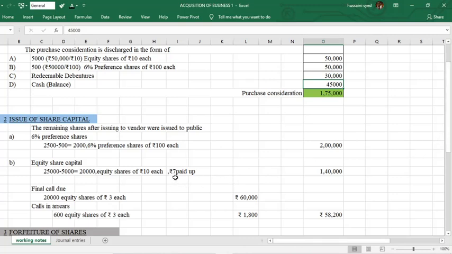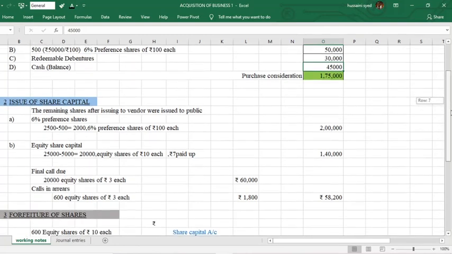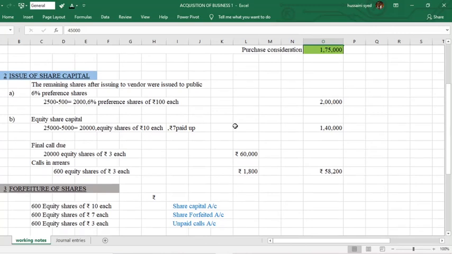As this method is going to be easy for you, I am going to do it separately so that there is no confusion. 20,000 equity shares into rupees 7 each, you will get 1,40,000. For the final call, 20,000 equity shares of rupees 3 each.